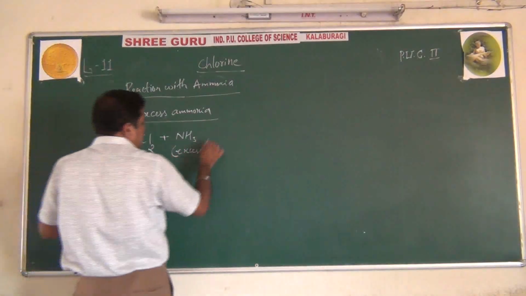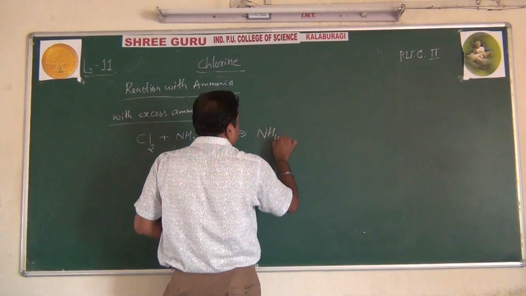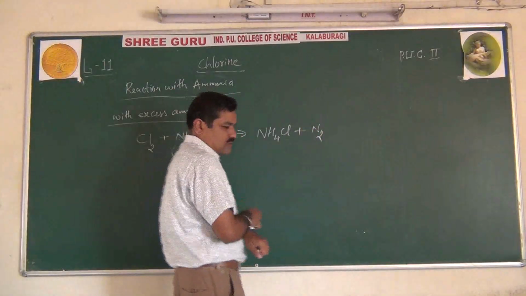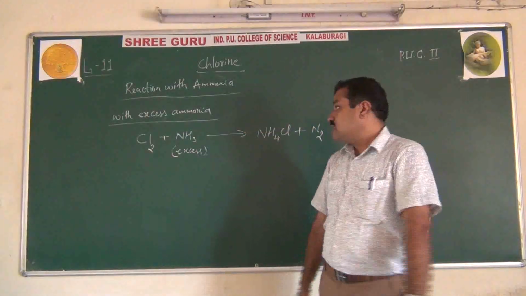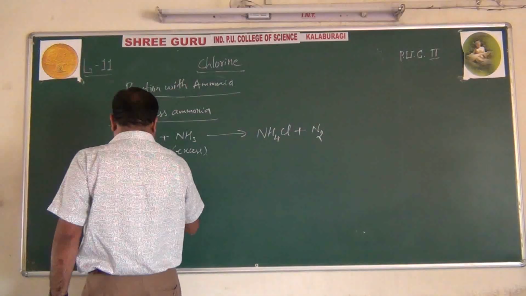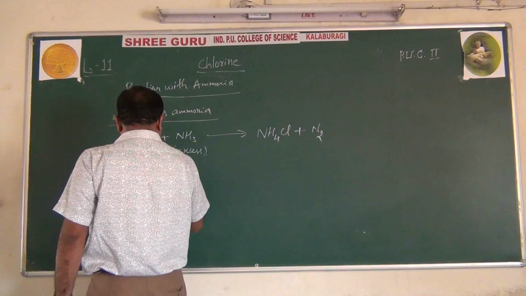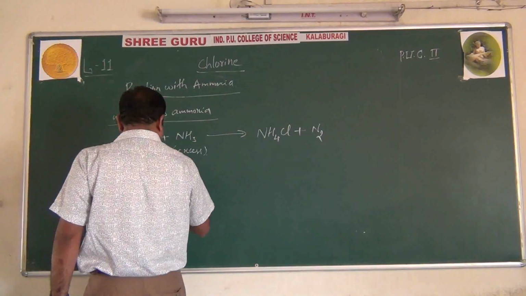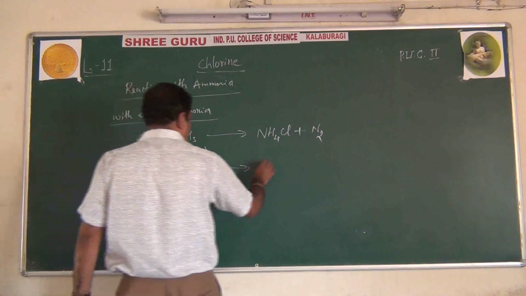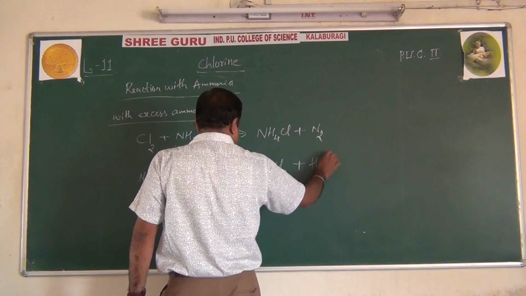Now this side, excess ammonia will form ammonium chloride, NH4Cl, and remember, when it reacts with excess ammonia. But the same chlorine, the same ammonia reacts with excess chlorine. The reaction will form nitrogen trichloride, NCl3 and HCl.